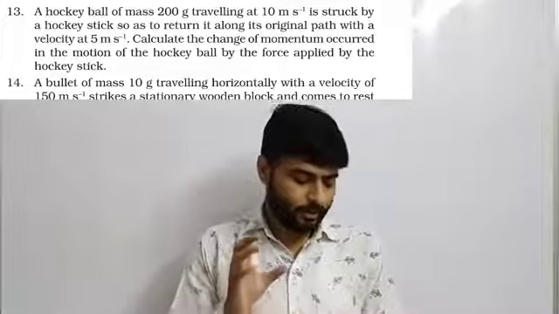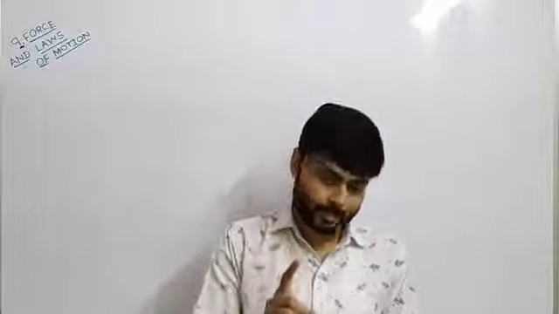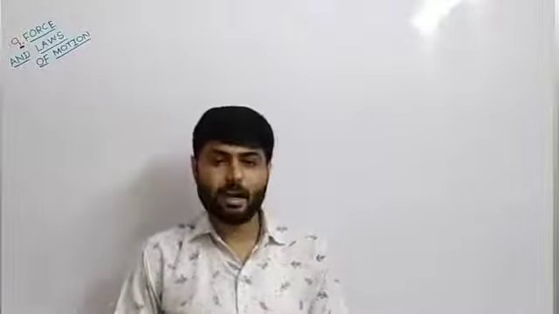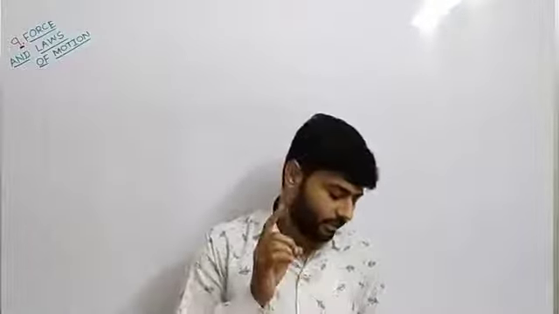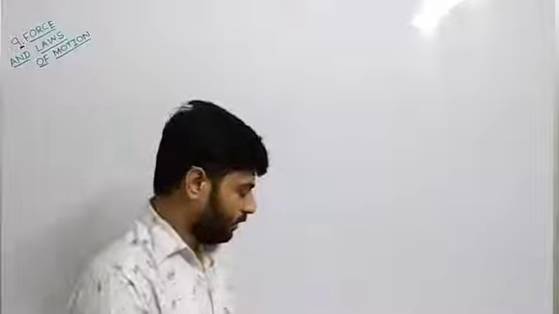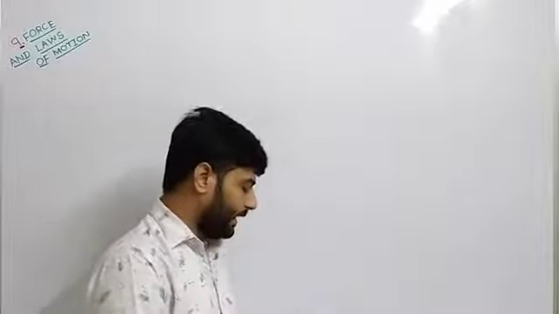Calculate the magnitude of change in momentum occur in motion of hockey ball by the force applied by hockey stick. We have to find change in momentum. So let's derive data first.